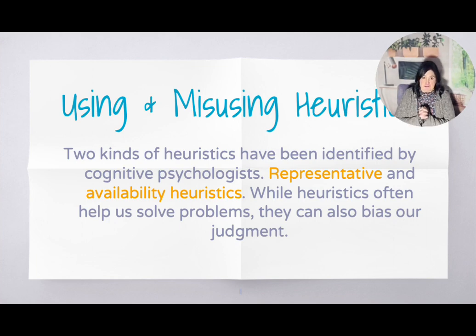And a representativeness heuristic is judging the likelihood of things or objects in terms of how well they seem to represent, hence the name, or to match a particular prototype. It allows people to make quick judgments, and we do this all the time, right? But let's talk about how it's going to get us in trouble.